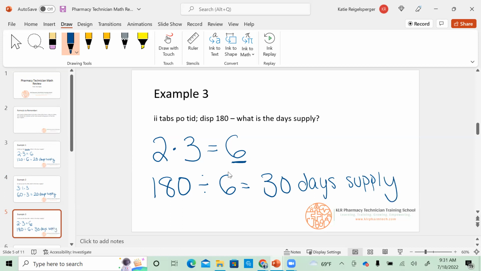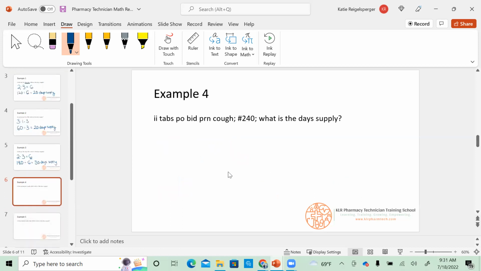Let's try another one. You see the process is the same for every single one that we do. This one says, take 2 tablets by mouth 2 times a day as needed for cough. Dispense or number 240. What is the day's supply?